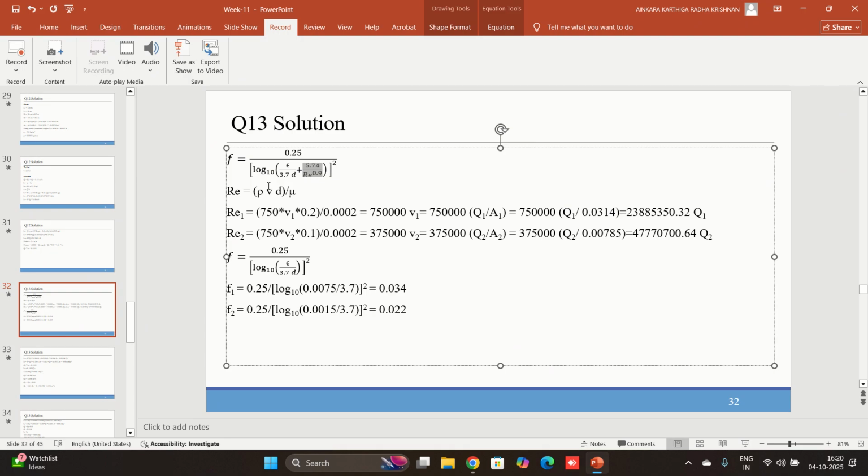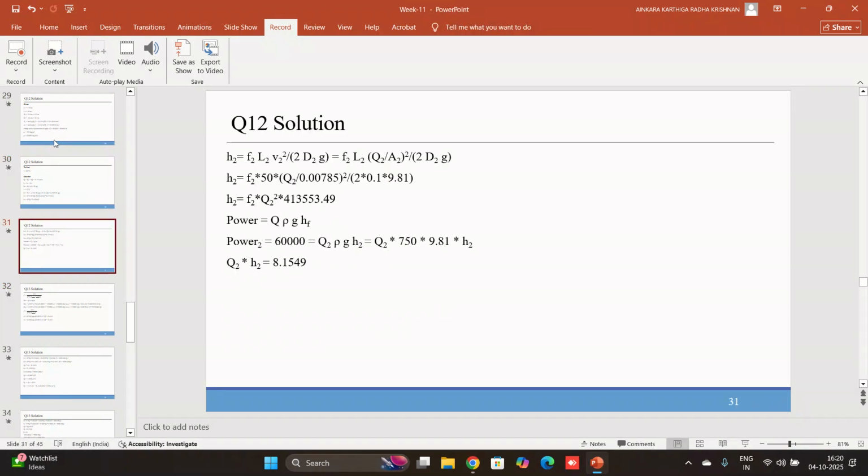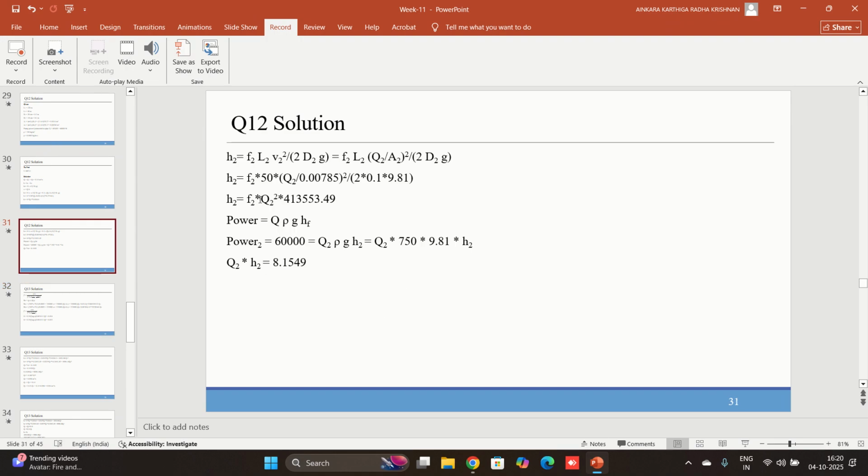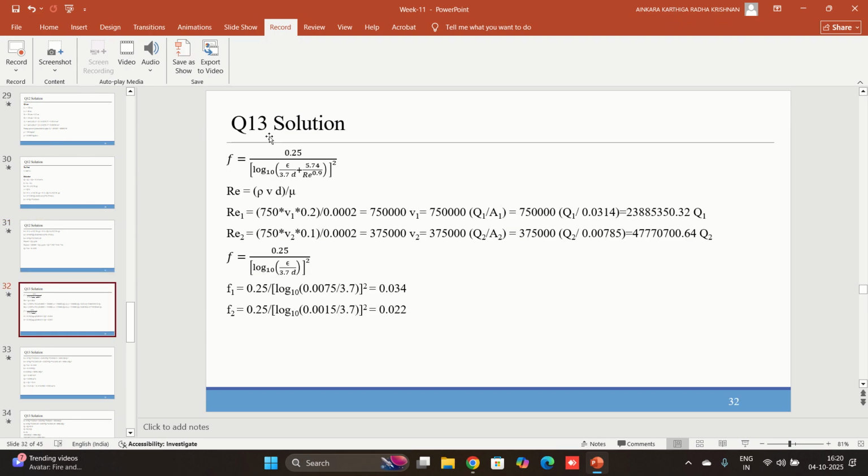Oh, I don't know why it became question 13 solution. We are doing 12 only, right? It is 12 only.